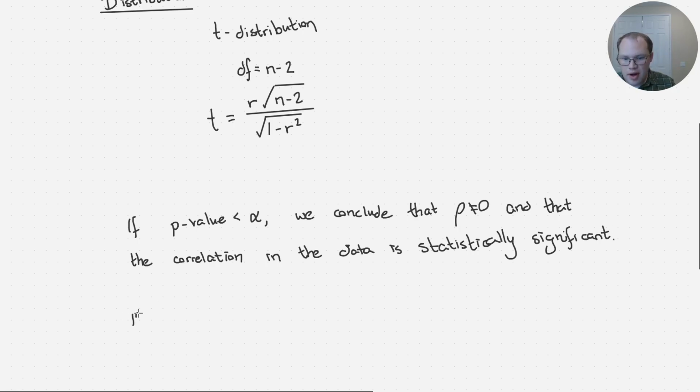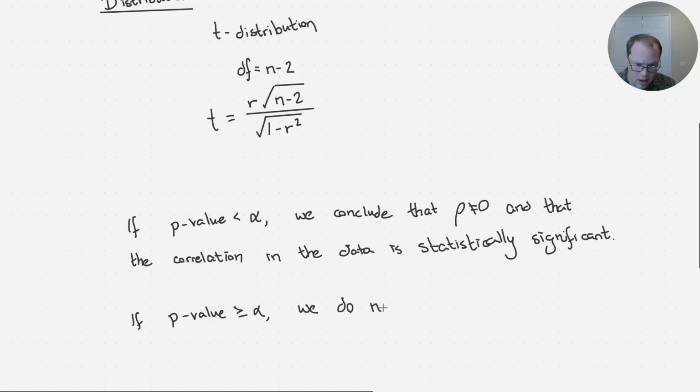Okay. On the other hand, if the p-value is greater than or equal to alpha, then it's not that unlikely a thing to happen just by chance, so we don't have enough evidence to reject the null hypothesis.